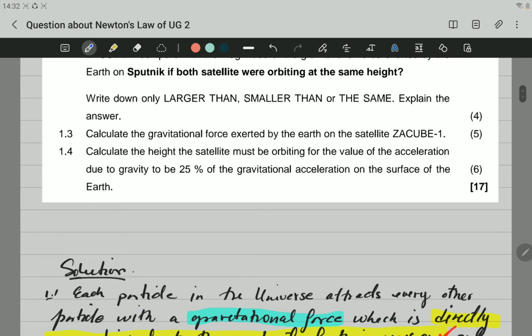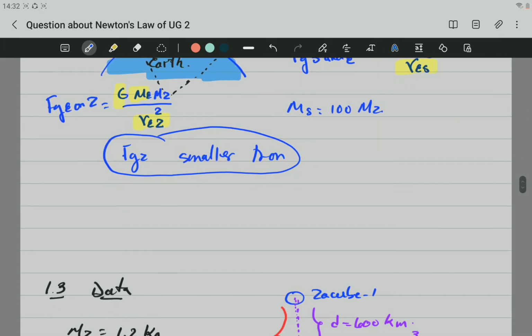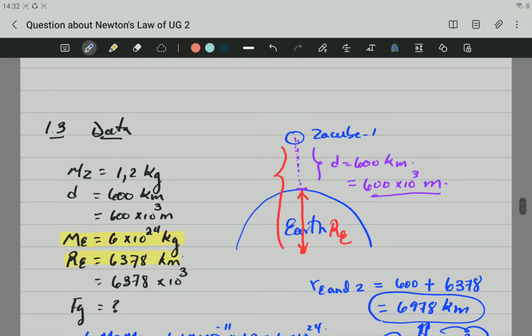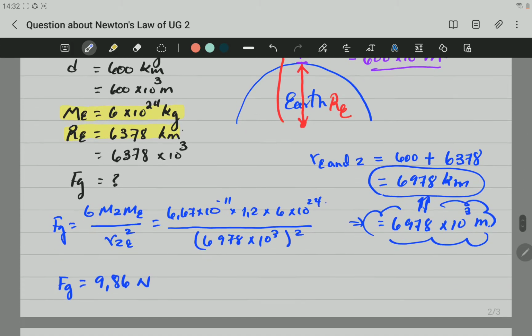Now let's quickly go to the equation. They said calculate the gravitational force exerted by the Earth on the satellite. So if we come here, the force is acting from the Earth on the cube. This is the force of gravity from the Earth on the cube, and it's towards the center of the Earth.